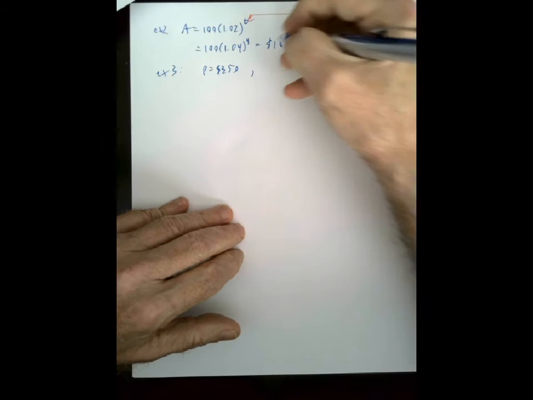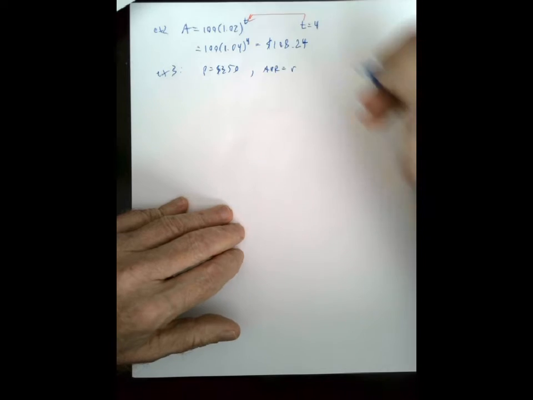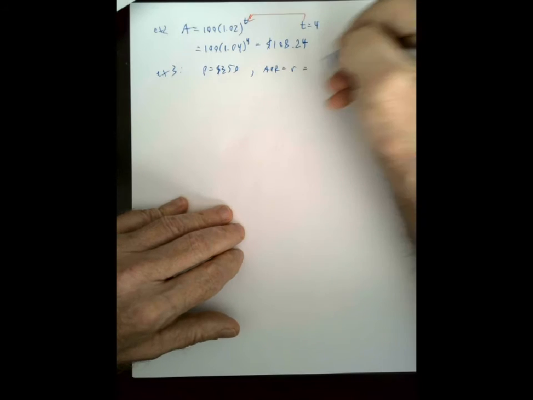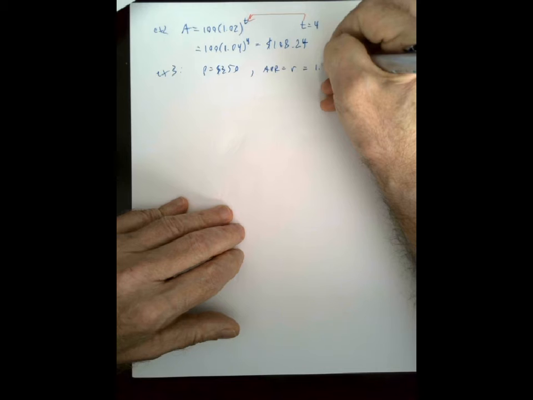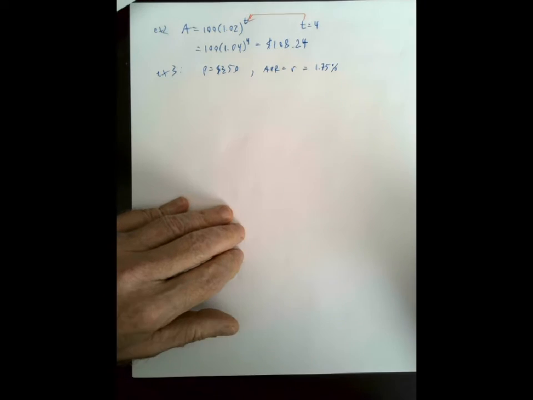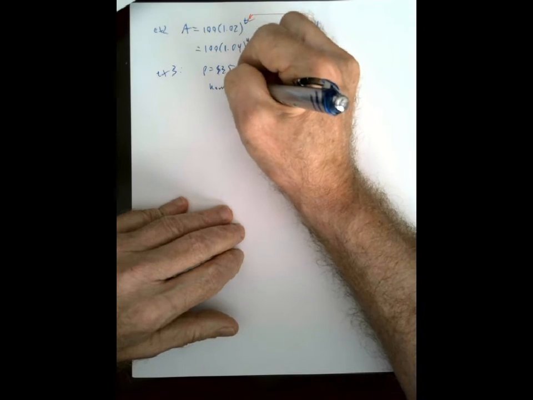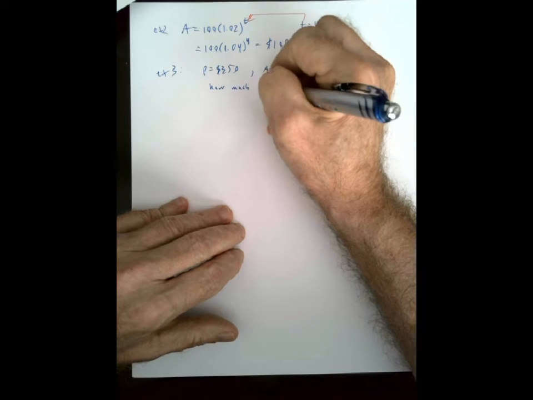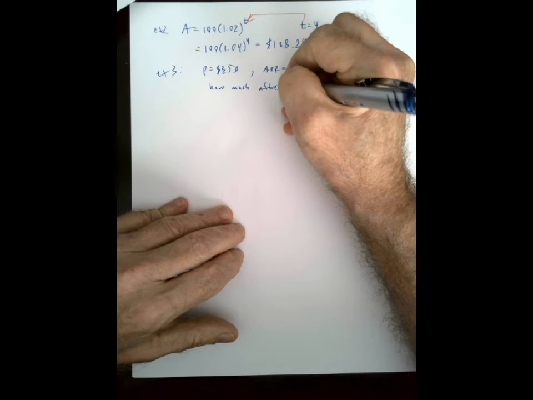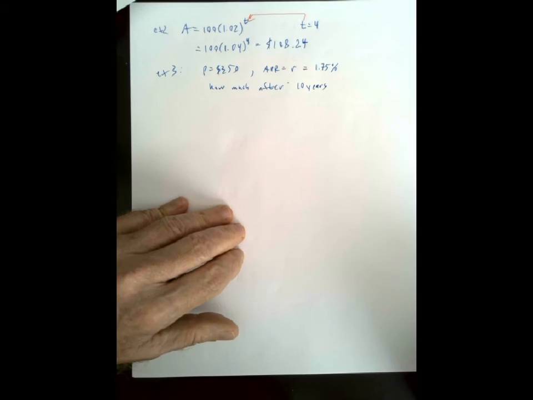And let's say the annual percentage rate, the APR, which in our formula is just R, is 1.75%, as it often is given as some kind of a decimal. How much money will be in the account after 10 years? So leave it in for 10 years and see what happens.